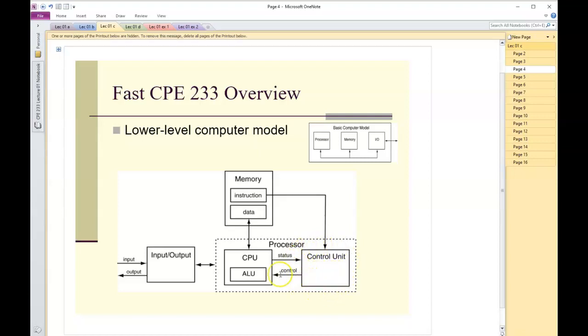The control unit's controlling the grinding of the data, but it's acting under the direction of the instructions. The instructions are the program you wrote. The program you wrote is essentially going to control the control unit, and the control unit's going to control all the underlying hardware to give you the result you want.